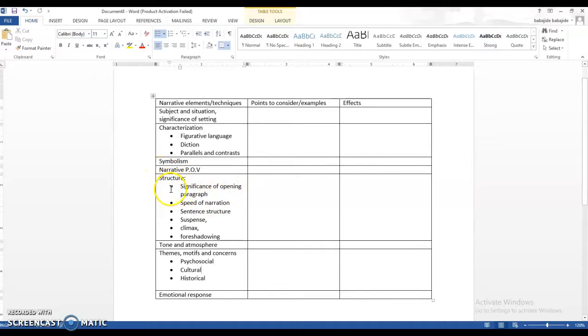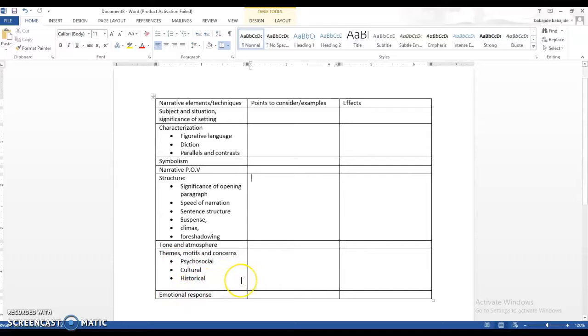So in analyzing structure, you have to consider all of these things, right? Then tone and atmosphere, and then themes, motifs, and concerns. I try to break it down so that you have a fuller picture. So it can be any of these things. There are some psychosocial issues that the writer can be exploring, right?